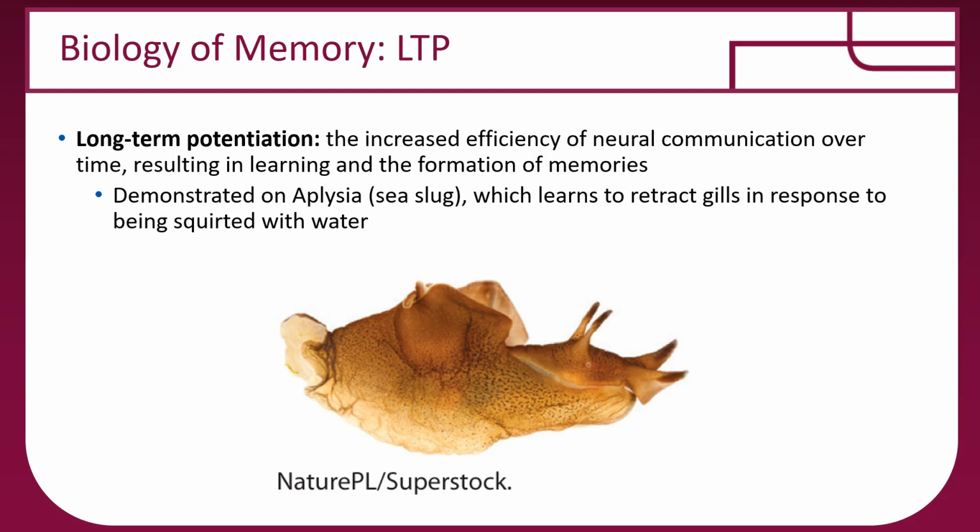And we see that you get this increased efficiency of communication at the synapse after learning has occurred. And again, we're in the very basic stages of understanding learning, but this does appear to be part of what we see, this long-term potentiation. And you can even see it in a sea slug when you look at the neurons there and you see this increased efficiency of neural communication.